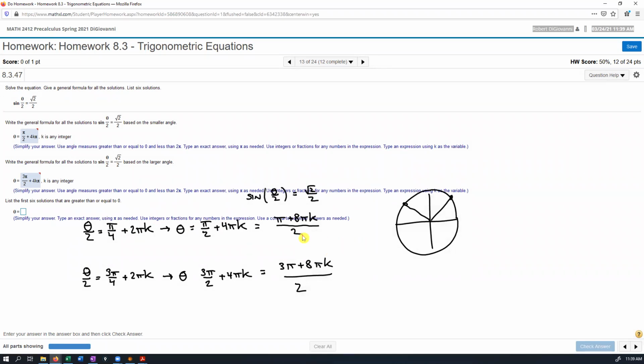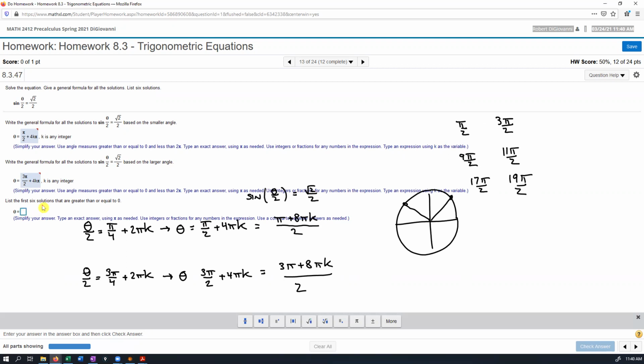So if we want answers, if k is 0, we get pi over 2, and on the other one, we get 3 pi over 2. If k is 1, we get 9 pi over 2, and then we get 11 pi over 2. If k is 2, we get 17 pi over 2, and the other one, 19 pi over 2.